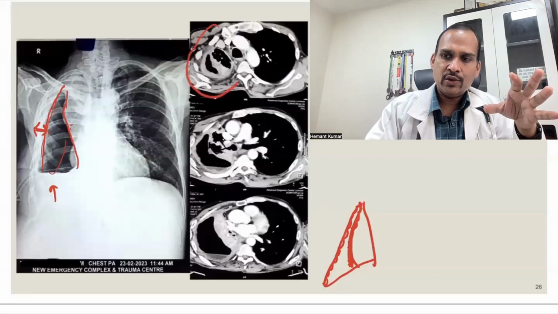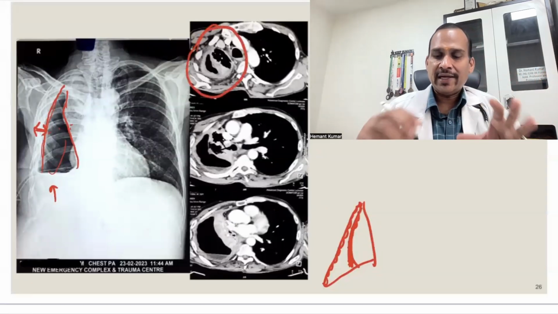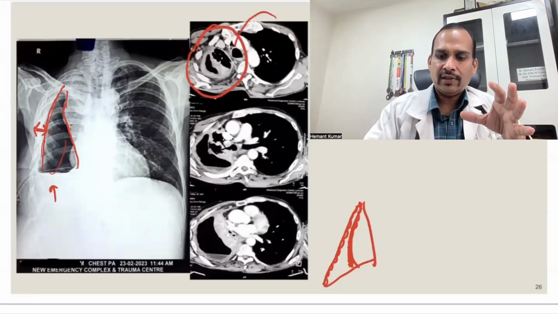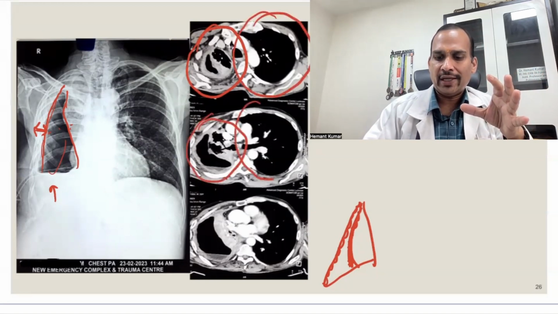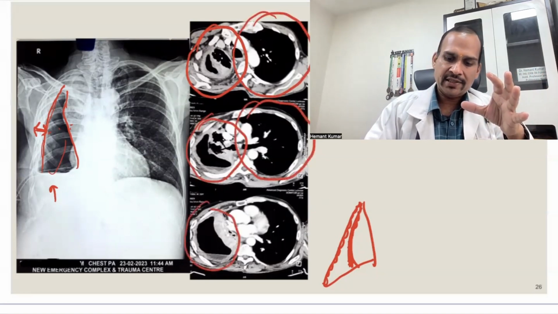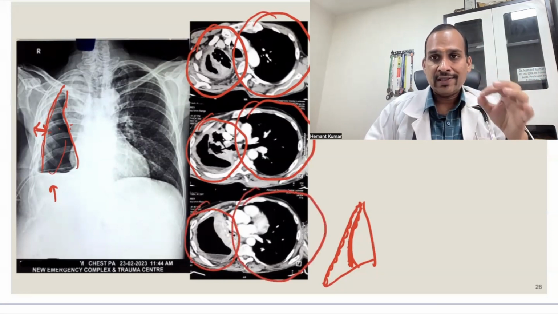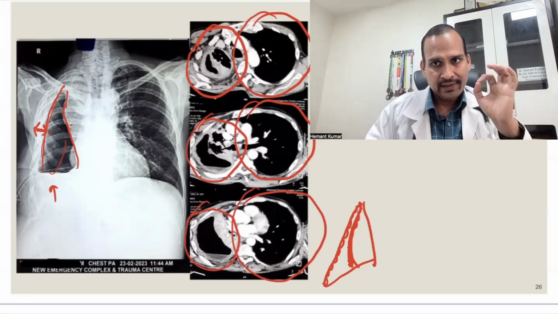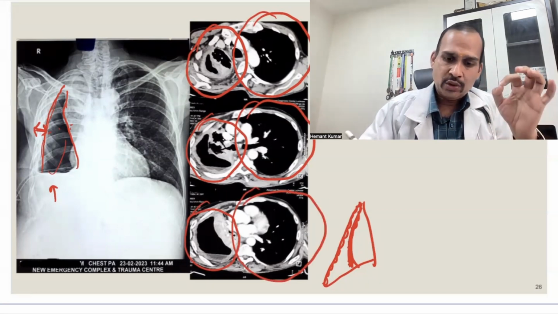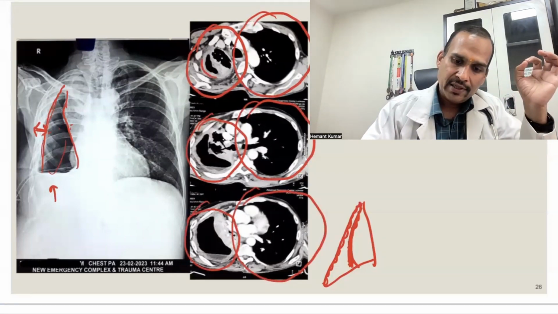In the CT scan, you can appreciate the right side is smaller than the left side. The right side is smaller because of contracture. So this is pleural thickening. And you can appreciate this is parietal pleura and this is visceral pleura.